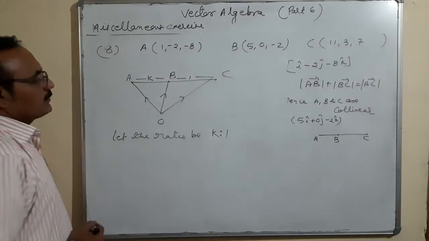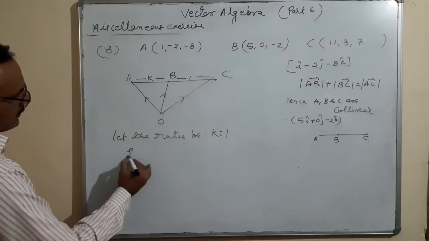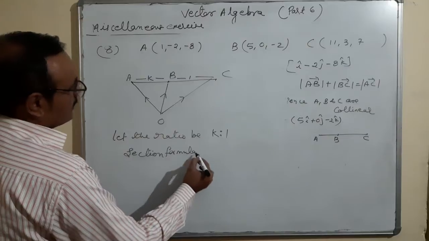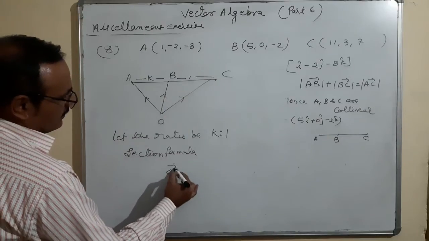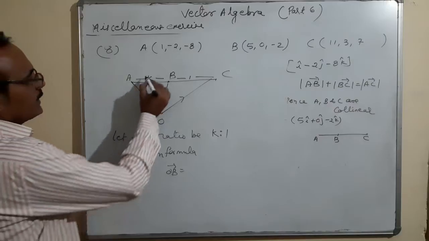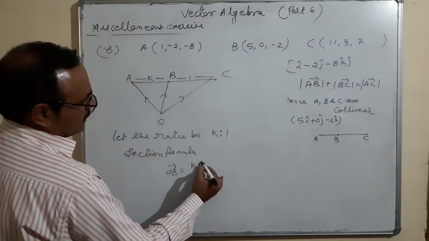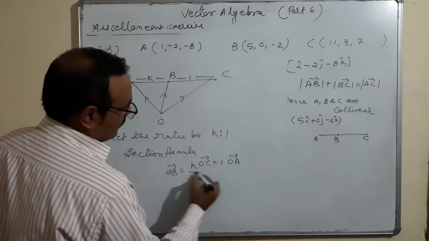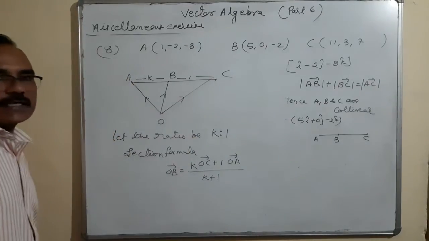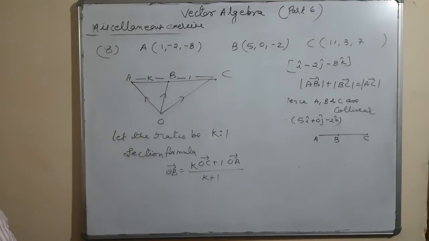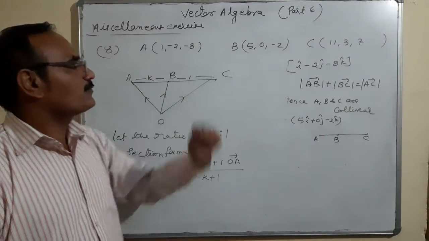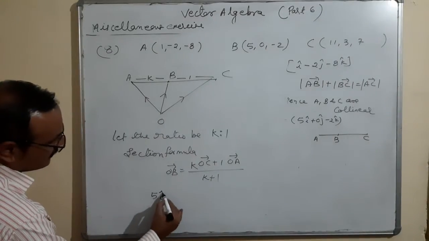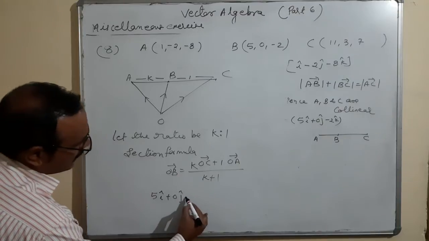So here we are using the section formula. Vector OB is equal to what do we write here? K multiplied by OC plus 1 multiplied by vector OA, upon K plus 1. This is the section formula. OB means the position vector of B, so in place of OB I am writing 5i plus 0j minus 2k.